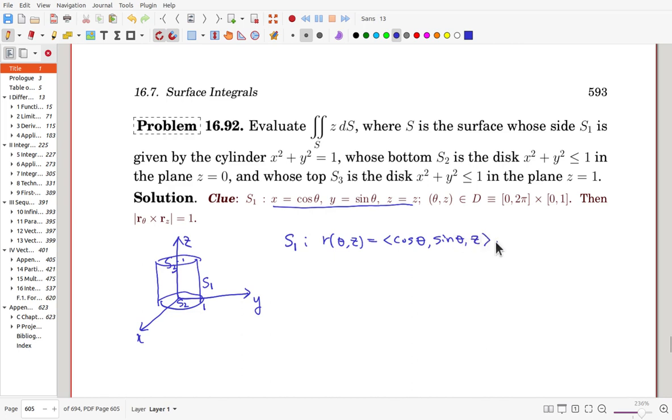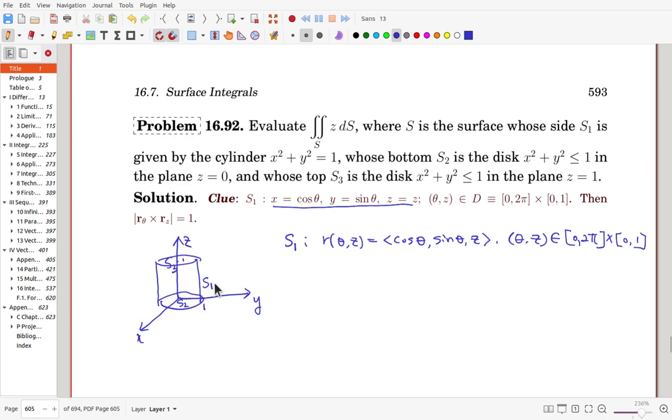Theta must be from 0 to 2 pi, a whole circulation, and z is from 0 to 1, since the cylinder has height 1. That is the parameterization of the side.